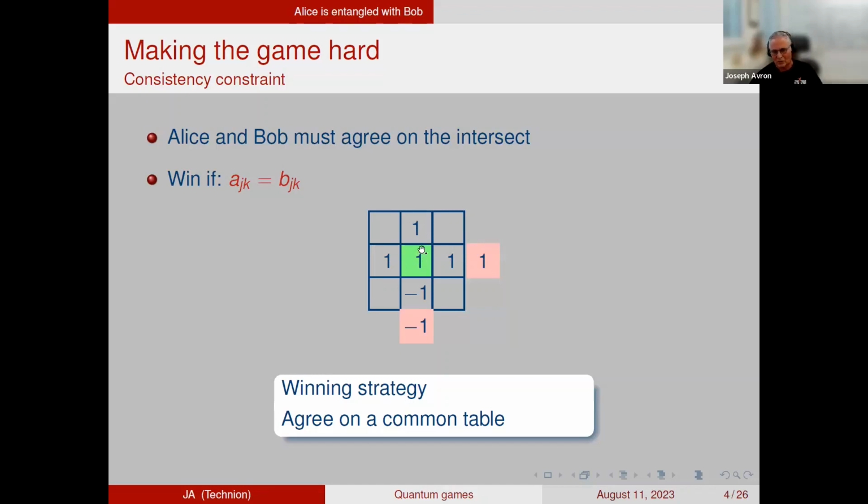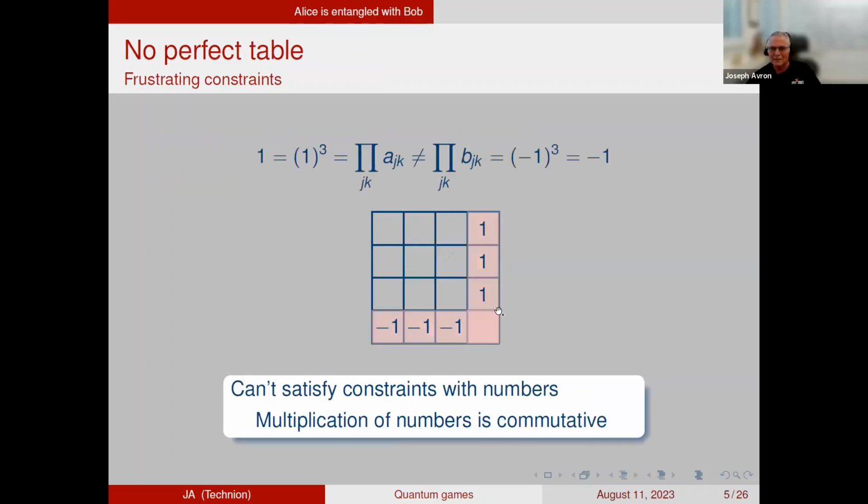But as I will now show you, and I think it's quite easy to see, this is not possible. You cannot agree on a common table that will satisfy all the constraints. And here is a way to see this. If I could agree on a table satisfying the constraint, then the product of all entries in the table, according to Alice, must be +1 because it's the product of all 3 rows.